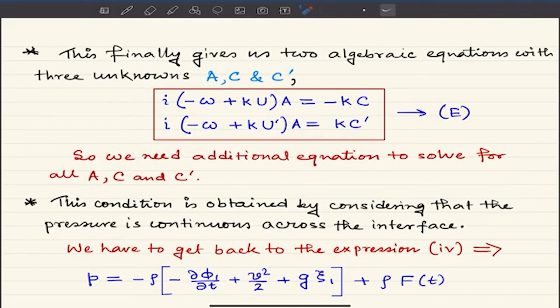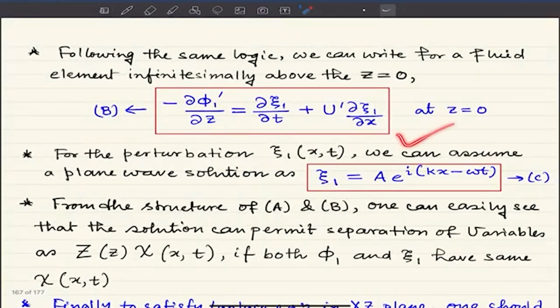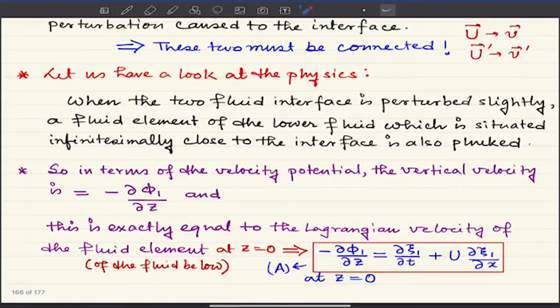These two equations are obtained from substituting in the basic equations, where we equated the Eulerian velocity component in the z direction and the Lagrangian velocity component of a fluid particle situated at the same position, both for the fluid above and for the fluid below, if you remember correctly.